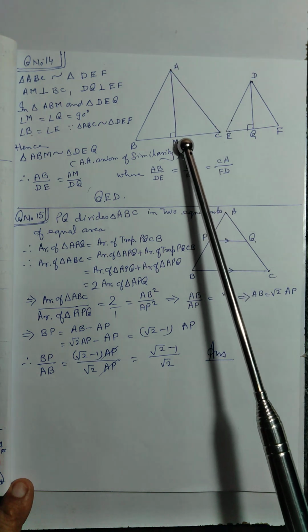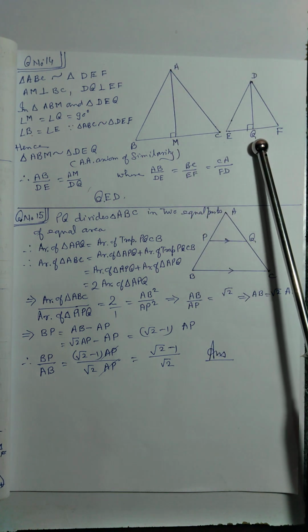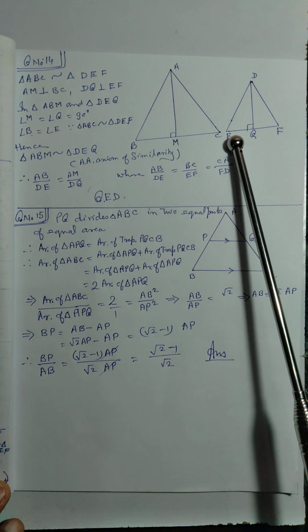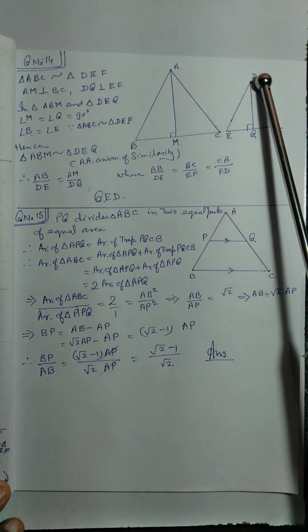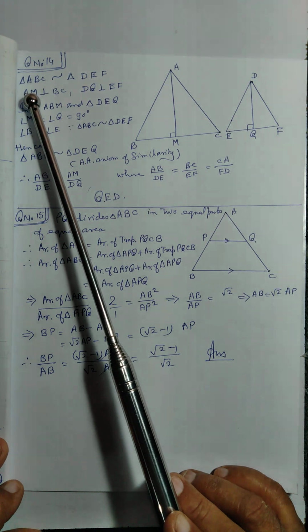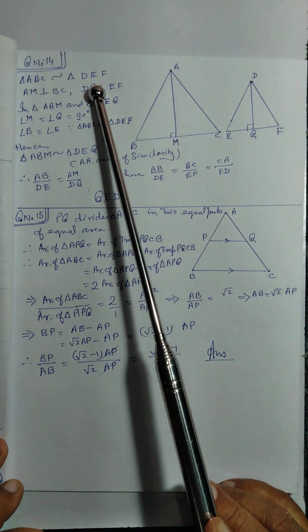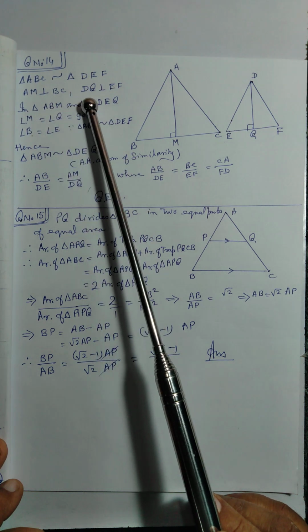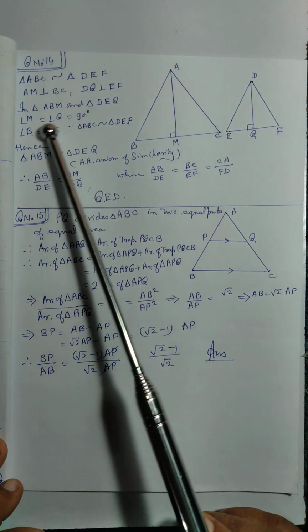AM and DQ are two perpendiculars drawn from the vertex A to BC, and from vertex D to EF. So you see, triangle ABC is similar to triangle DEF. AM is perpendicular to BC and DQ is perpendicular to EF.